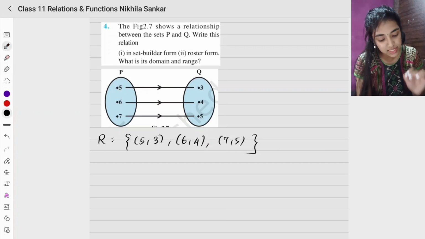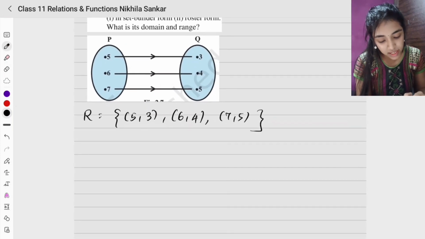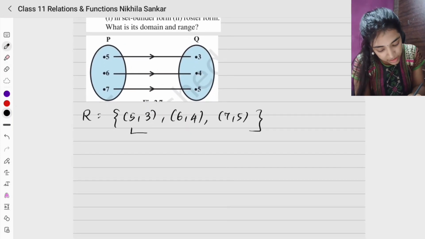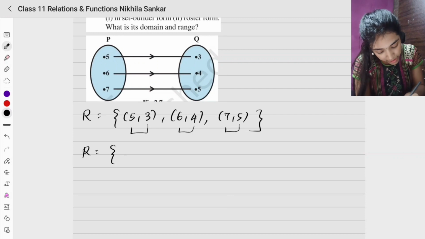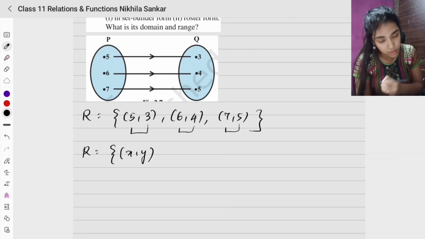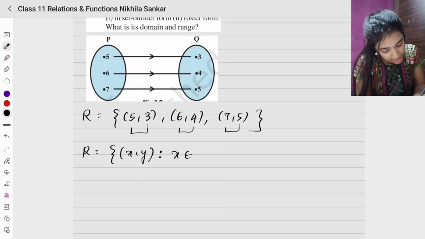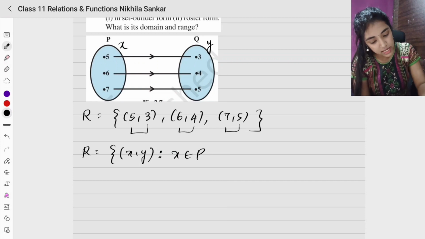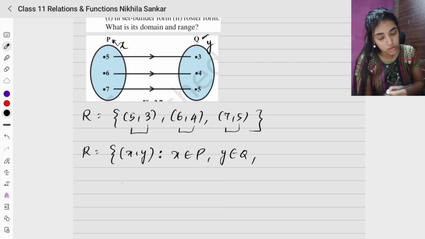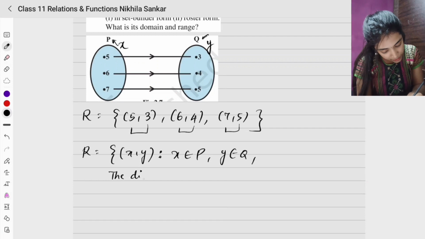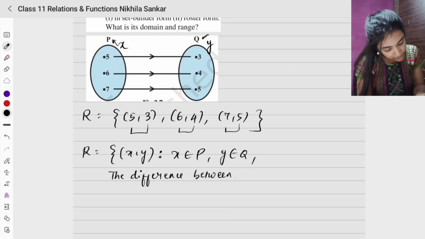They are asking us to write this in the set builder form. How can you write this? I see that the difference between them is 2. 5 minus 3, 2. 6 minus 4, 2. 7 minus 5, 2. Okay, so how can I write this in the set builder form? R equals set of all ordered pairs x, y such that x belongs to P and y belongs to Q, comma, the difference between x and y is 2.